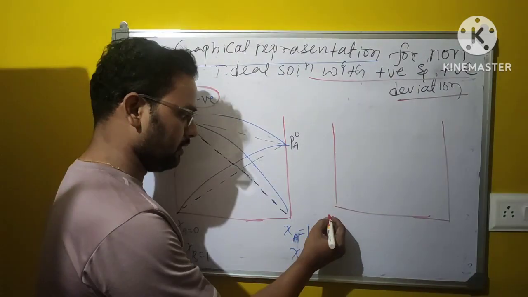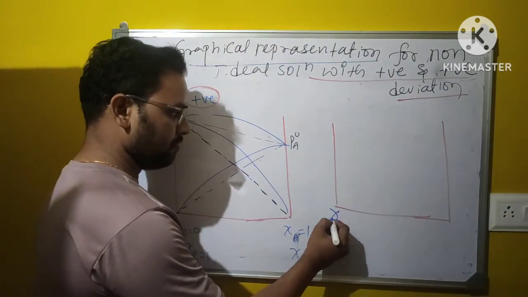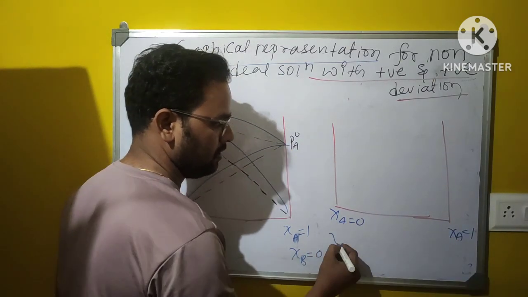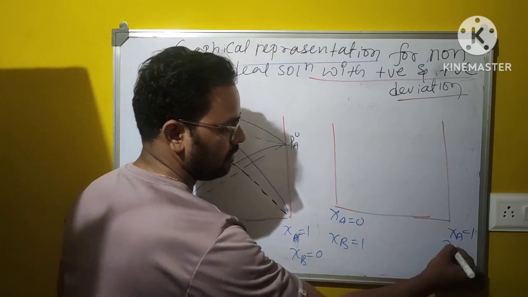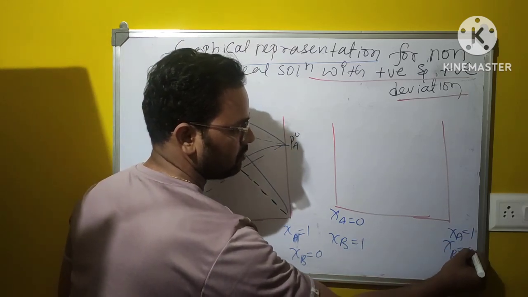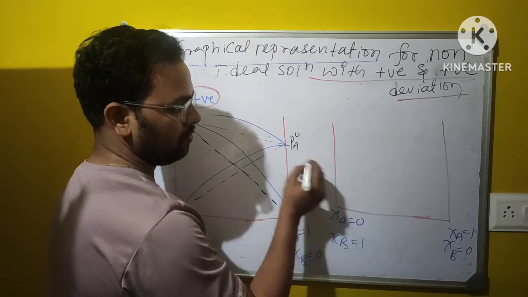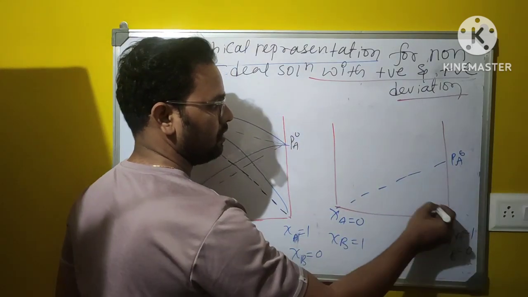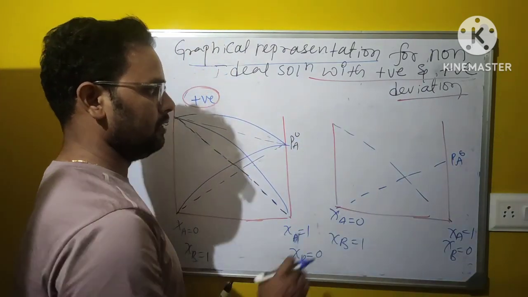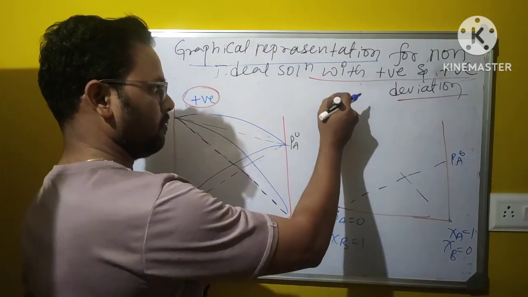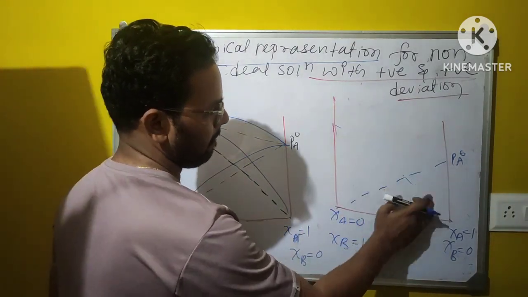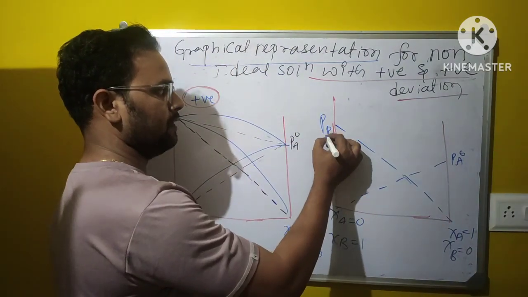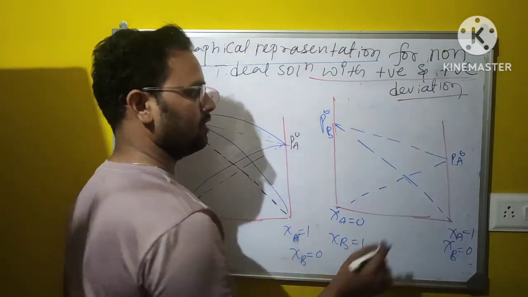Next, here take same mole fraction of A is equal to 0, mole fraction of A is equal to 1 here. Mole fraction of B here 1, and here mole fraction of B is equal to 0. So now for ideal solution, dotted lines, that is PA naught, here PB, so it is total pressure.